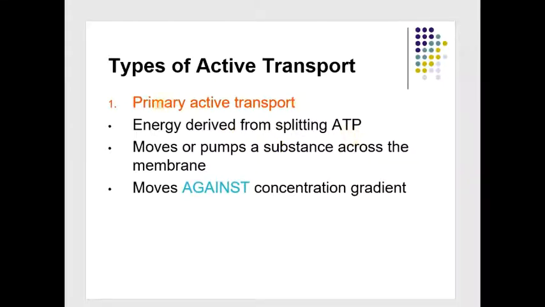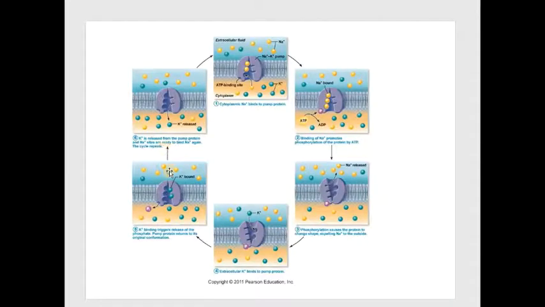Okay, primary active transport requires energy from ATP. It is going to do a movement or a pump to move materials against the concentration gradient. So instead of going from high to low, it's going to go from low to high.